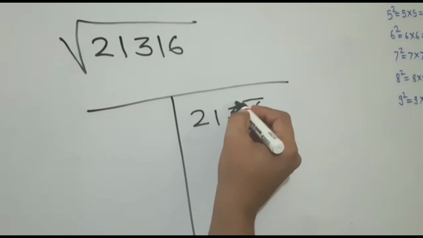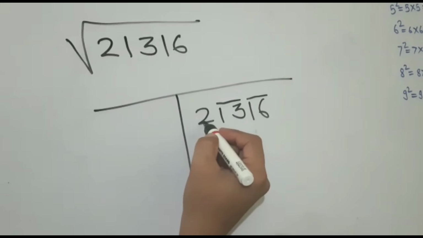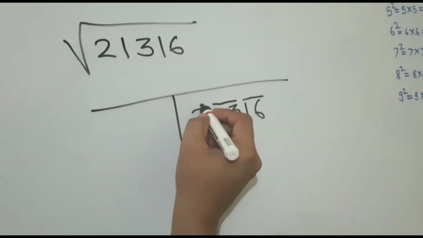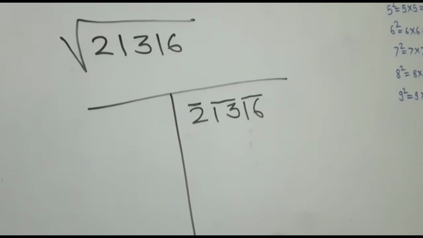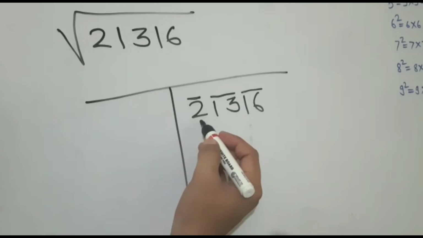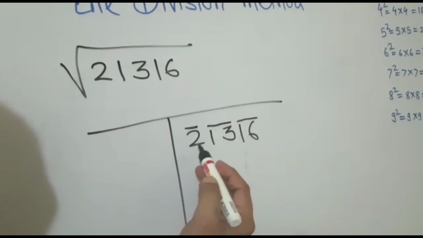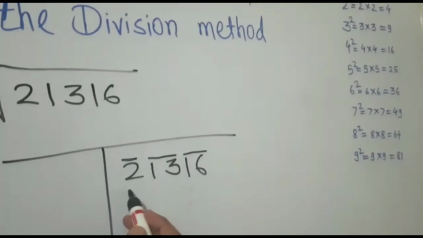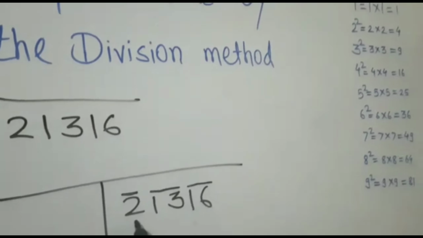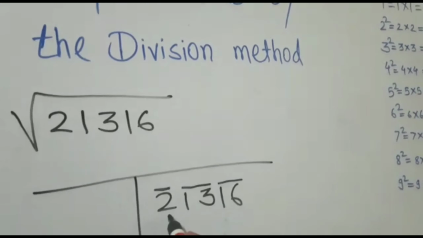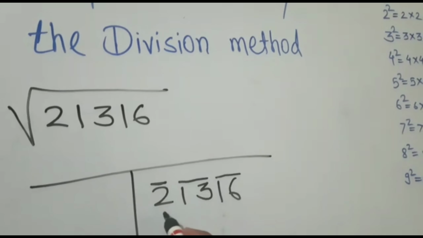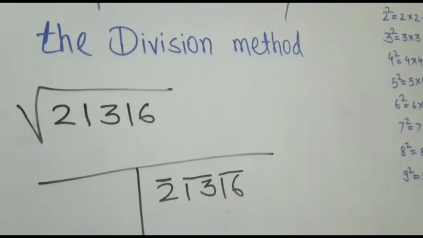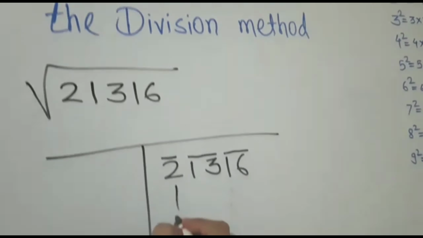This is the first pair, this is the second, and this is the single number left. Take the single number as the first pair. Now the first pair is 2. Now look here. Is 2 a perfect square number or not? Not. Then take the smaller perfect square number than the first pair. Which is the smaller perfect square number? 1. Then take here 1.